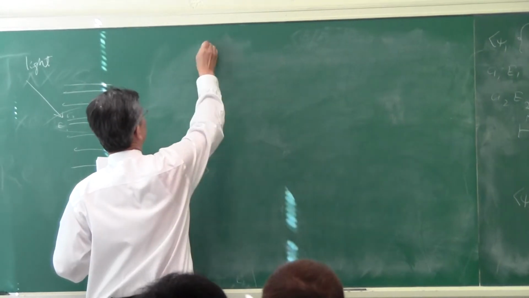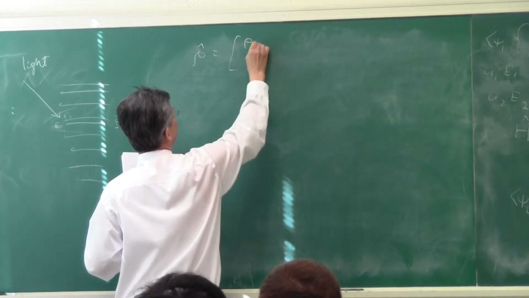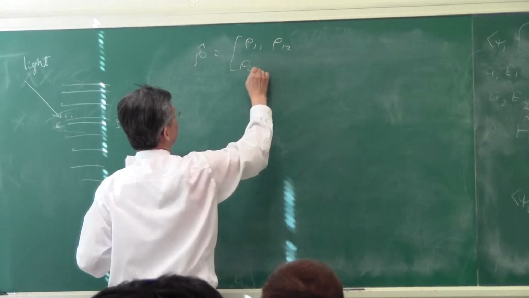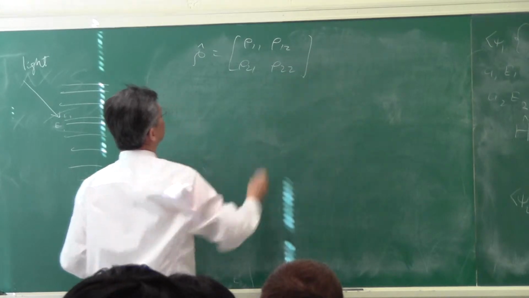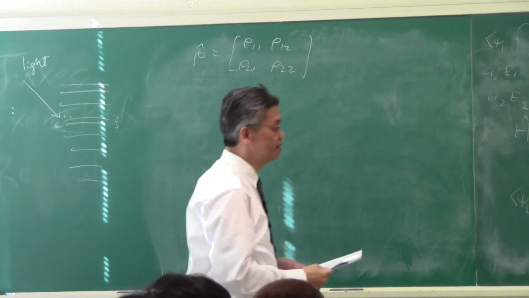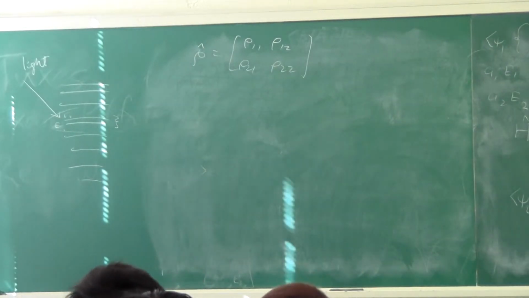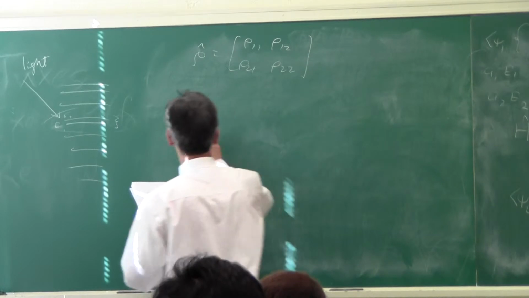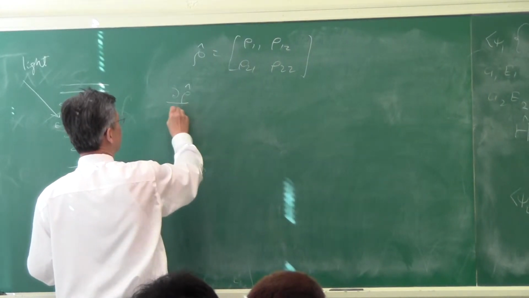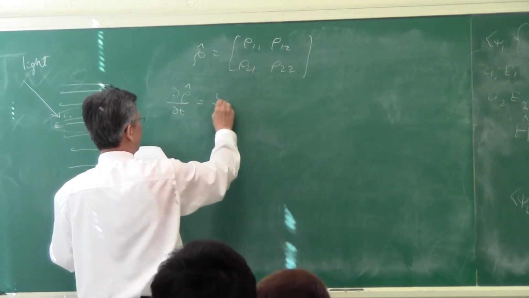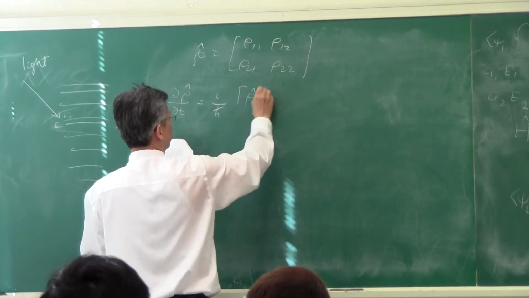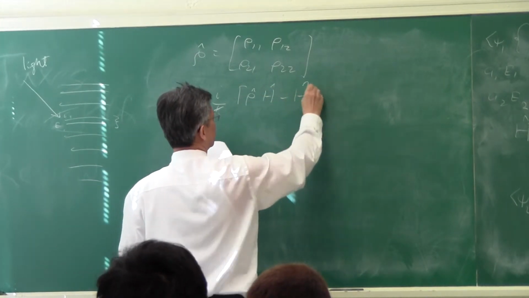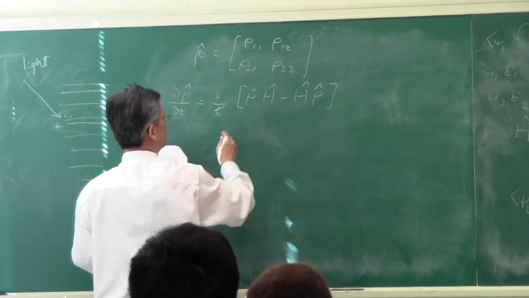So I have rho hat equal to rho 1,1, rho 1,2, rho 2,1, rho 2,2. And then you plug that into this Hamiltonian and multiply things out. And then you would have d rho hat dt is equal to i over h bar, rho hat h hat minus h hat rho hat.